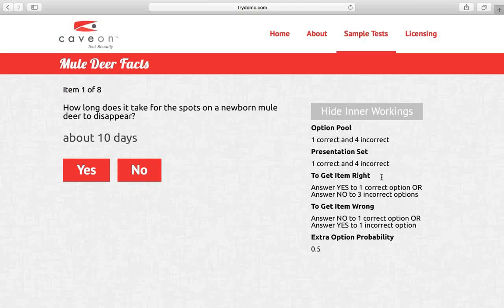To get the item right, the test taker has to answer yes to the 1 correct one, there's only 1 anyway, or answer no to 3 incorrect ones. They'll get the answer right if they do either of those 2 patterns of responding. To get the item wrong, they answer no to a correct option, or they answer yes to an incorrect option.